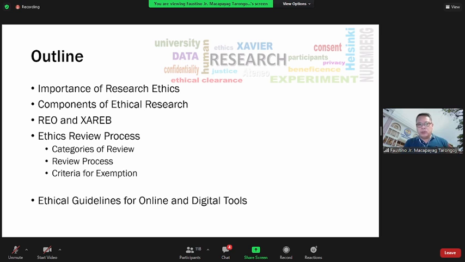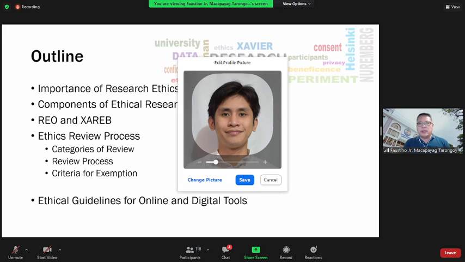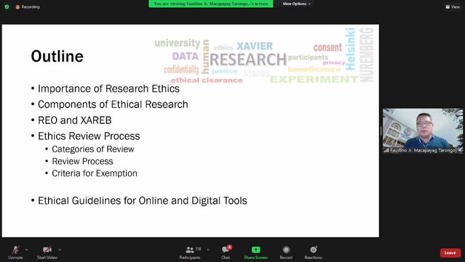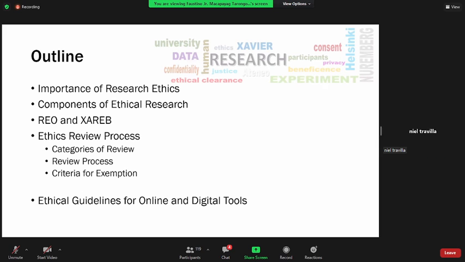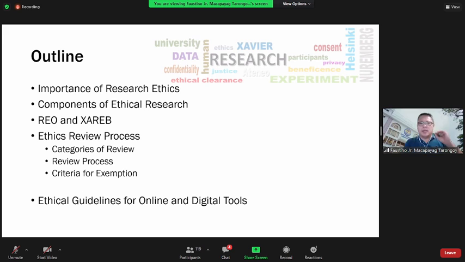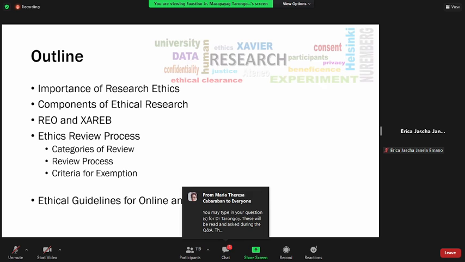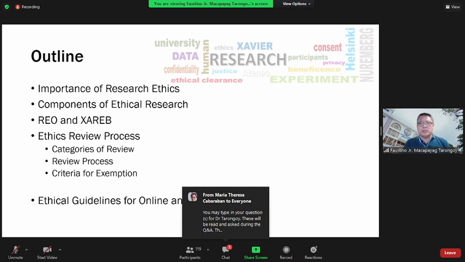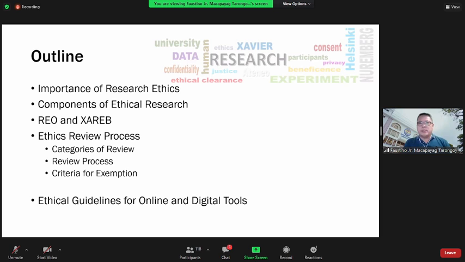I will explain the review process itself by explaining first the possible categories for your proposal to be reviewed, the procedure in undergoing the review from submission to decision, and then a special mention with consideration for engineering researches: criteria for exemption, and if your research needs to be reviewed, the components in your proposal that are going to be reviewed.